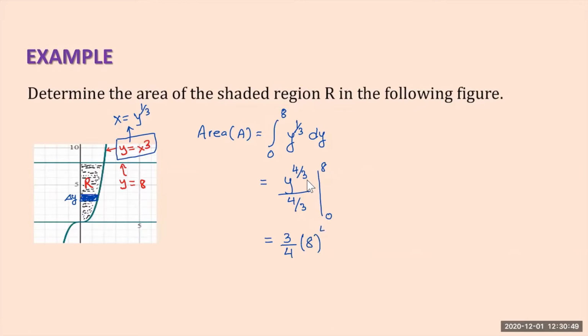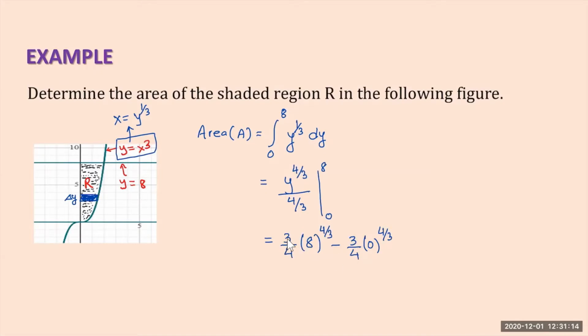Then minus, we plug in the lower limit 0, with the 3/4 there because we are dividing by 4/3, which is the same as multiplying by 3/4. So 0 raised to 4/3. The second term will be 0 because 0 raised to 4/3 is 0. 0 times 3/4 will be 0.